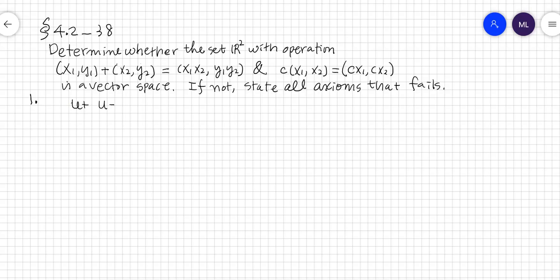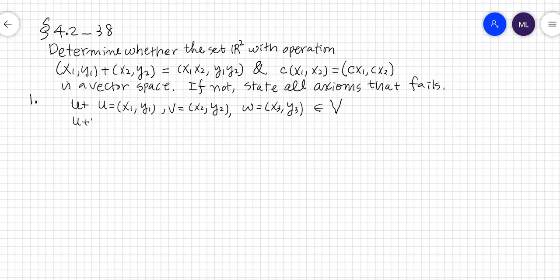Let u equal, say, (x1, y1), and v is (x2, y2), and w is, say, (x3, y3). So all these three vectors belong to the vector space V.